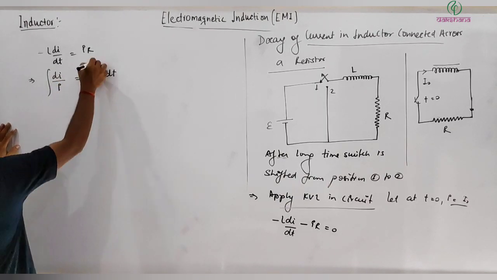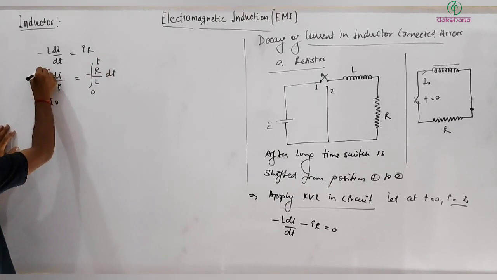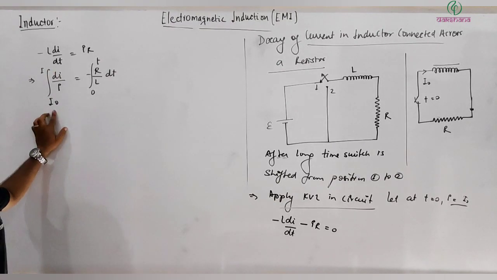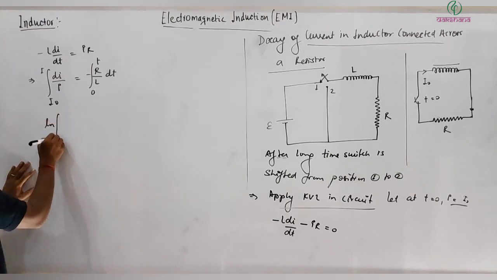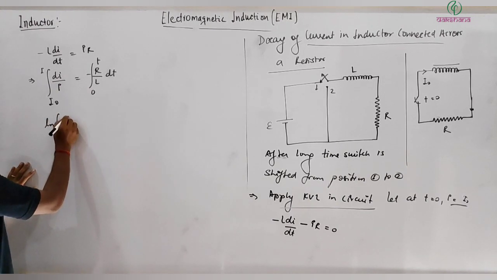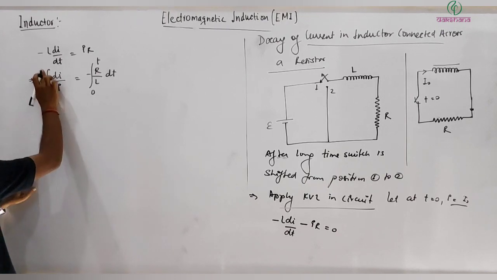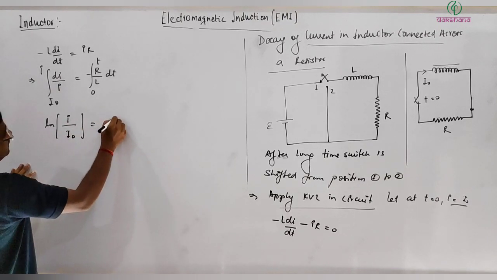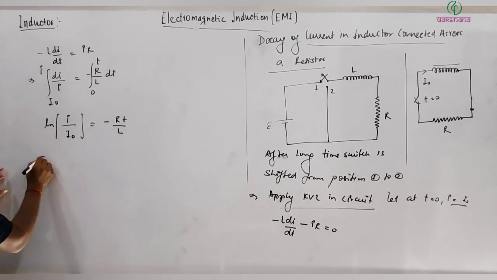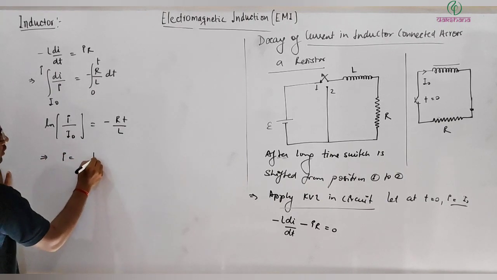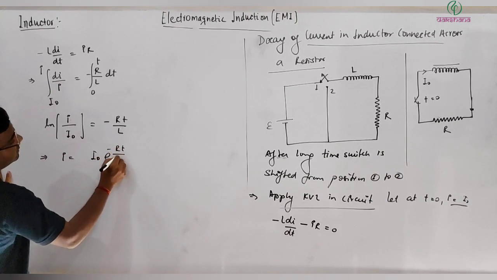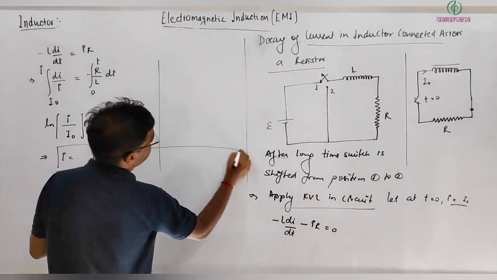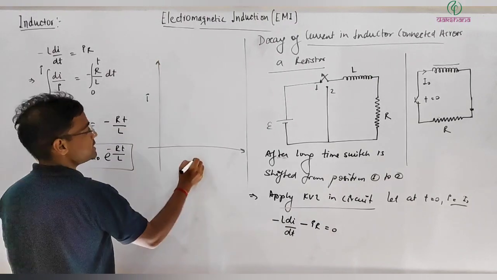Integrating from 0 to t, it's I naught to I. Clear? Because here you can see the initial current is I naught, it's ln I. I will write this as ln I by I naught equal to minus RT by L. This implies I is equal to I naught e raised to power minus RT by L. So here you can see the graph for this, I versus t.